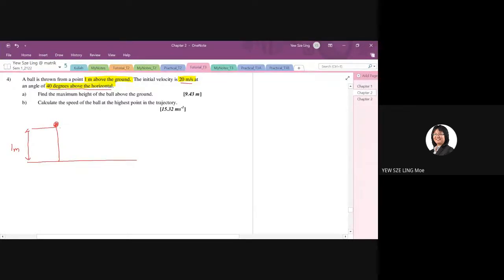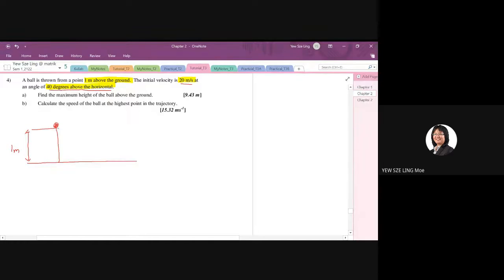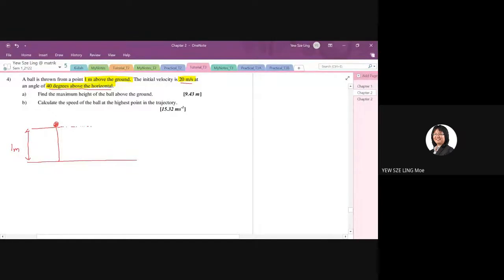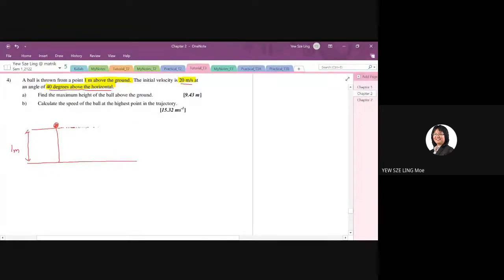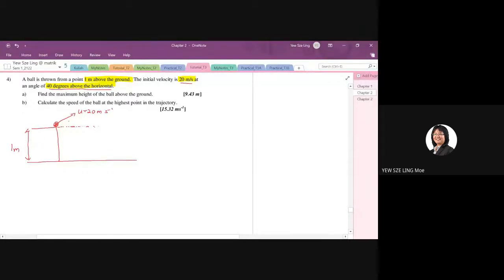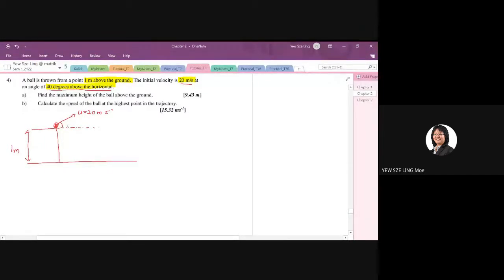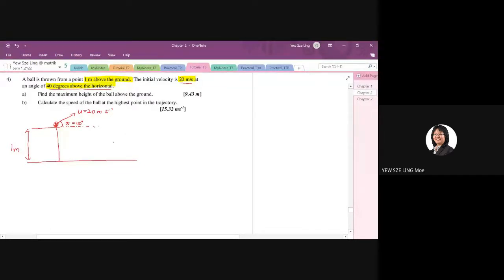So you put a dotted line to represent the horizontal component. Then this is the direction of your initial velocity, u equals 20 meters per second, and this is the angle, 40 degrees. So that is the meaning of the question. You need to know how to sketch the diagram.